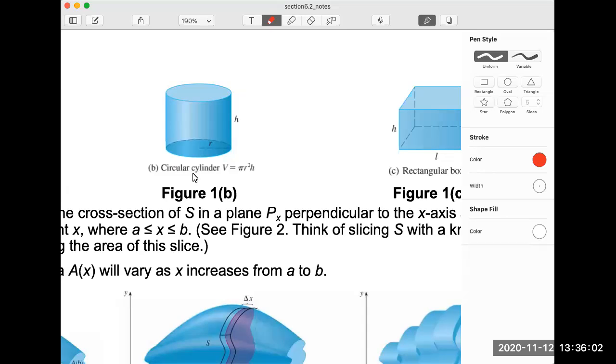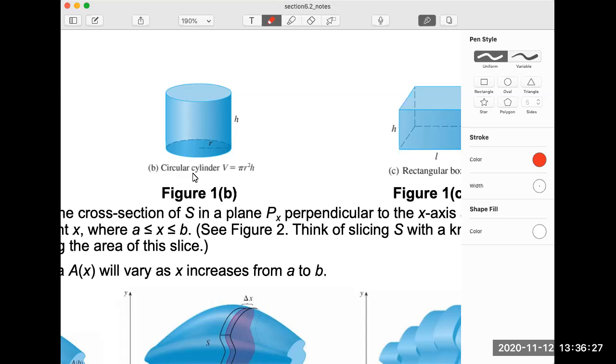What is the area of a circle? Pi times r squared, right? Where r is the radius. And a similar story: the volume would be the area multiplied by the height.